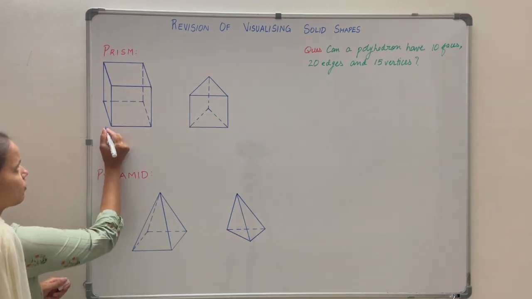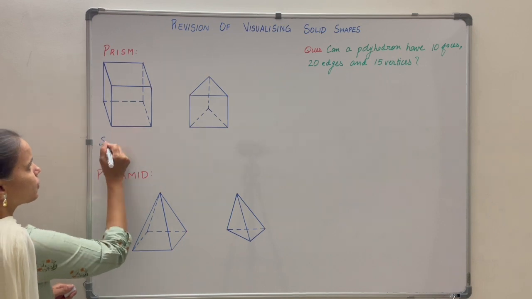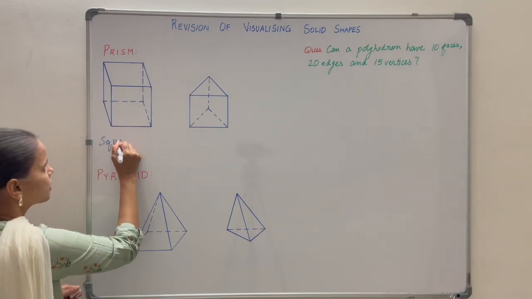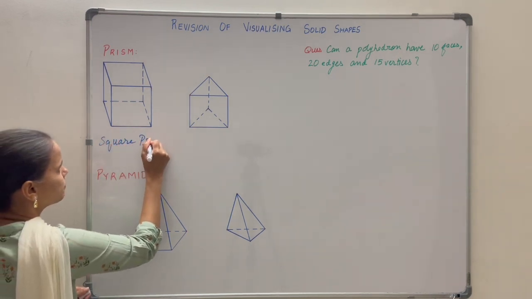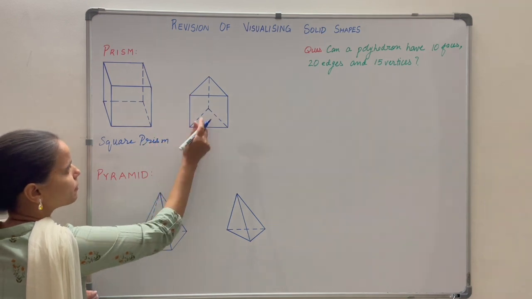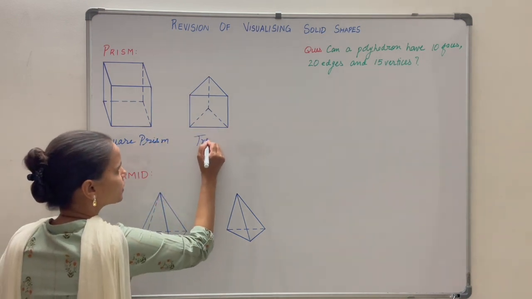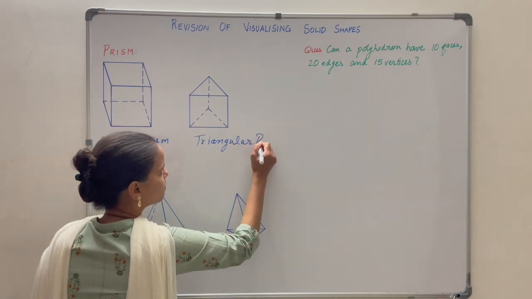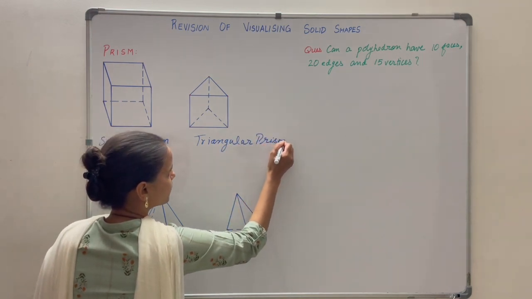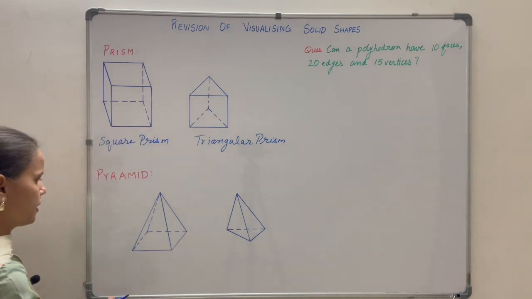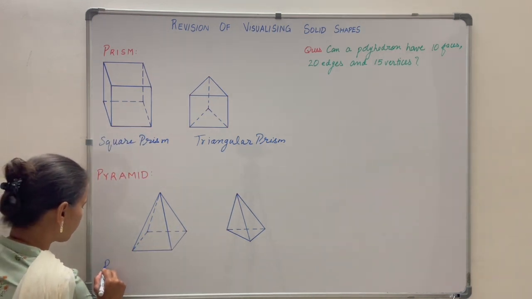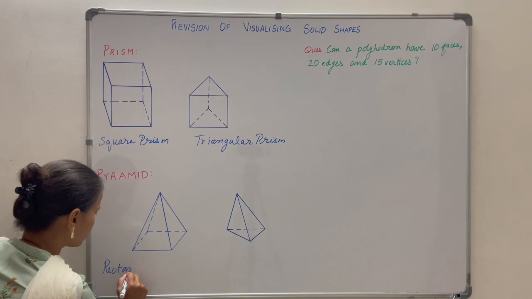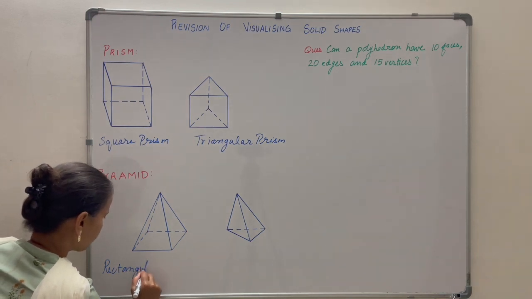Let us write it down. So here the base is a square, so we will say it is a square prism. And here the base is a triangle, so we say it is a triangular prism. Here the base is a rectangle, so we say it is a rectangular pyramid.